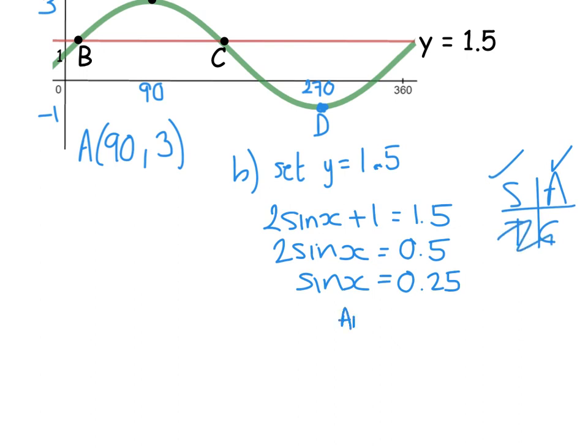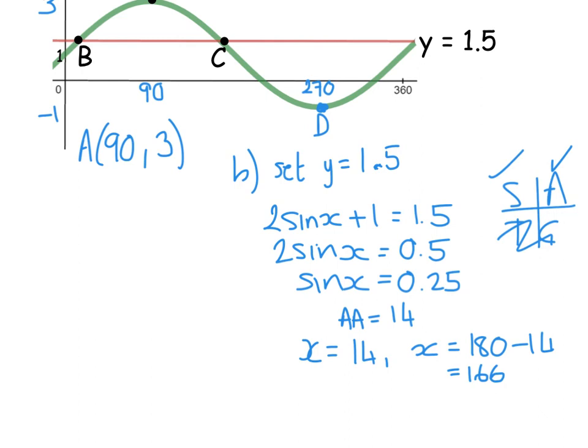So your acute angle, when you do shift sine of 0.25, you get, to the nearest whole number, 14. So my acute angle is 14. So in my all box, x is just going to be 14. And in my sine box, x is going to be 180 take away 14, which is, oh my goodness, 166.